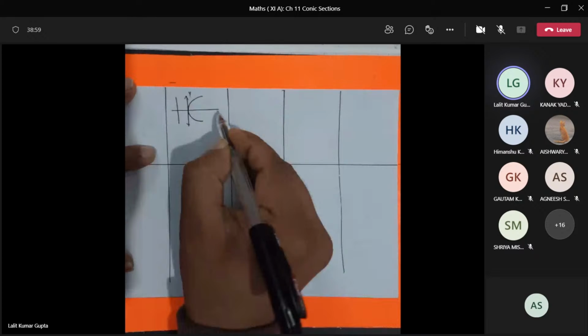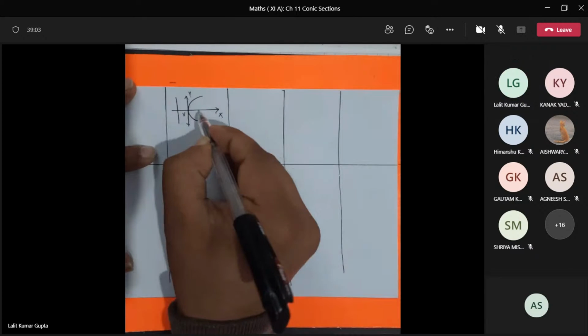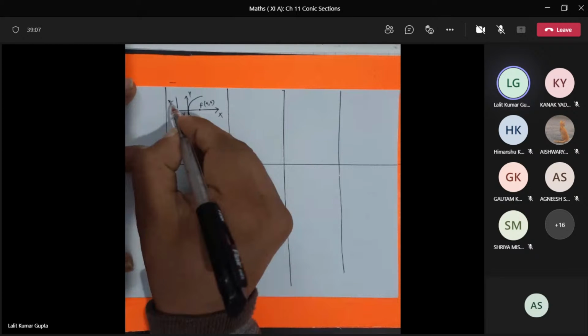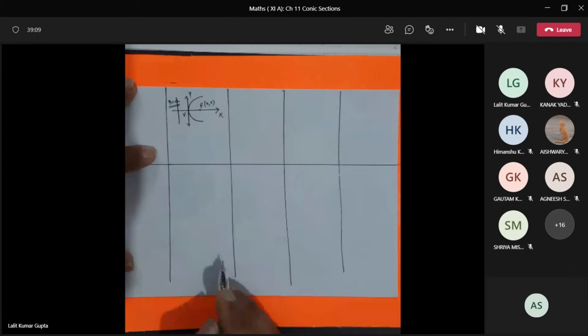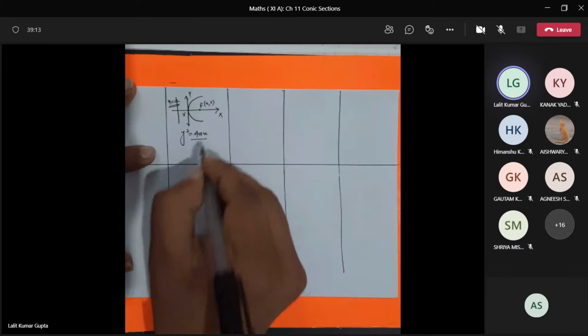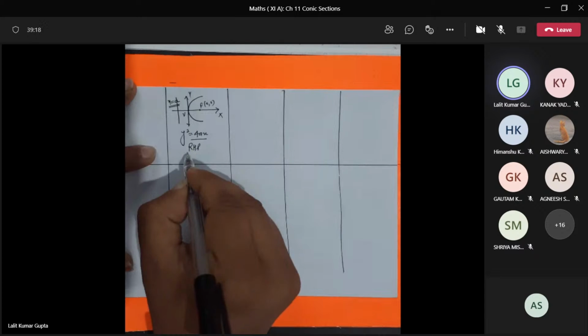This is the y-axis, x-axis. This is the fixed point (a, 0), and this is x equal to a. And the equation of this parabola is y square equal to 4ax. Right? And the name of this is the right-handed parabola.